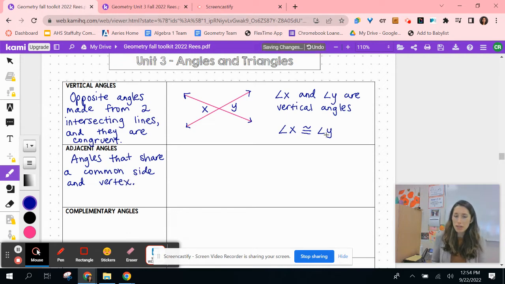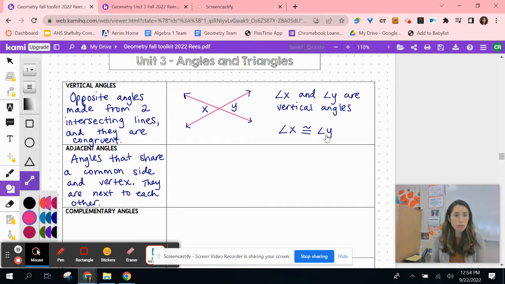So you almost want to think of it as angles that are next to each other. Angles that share a common side and vertex, they are next to each other. We worked on a lot of adjacent angles in our first unit, so we're kind of coming back to that.